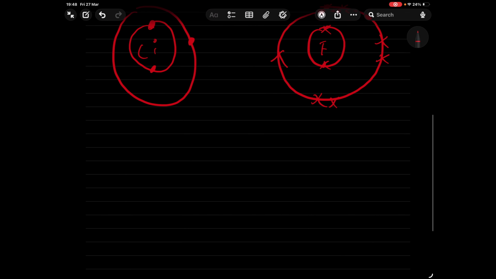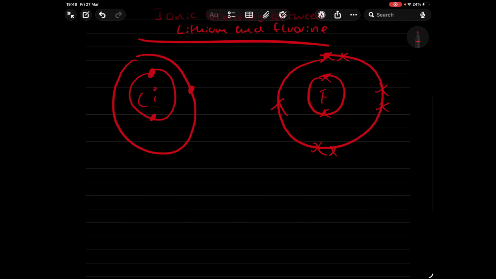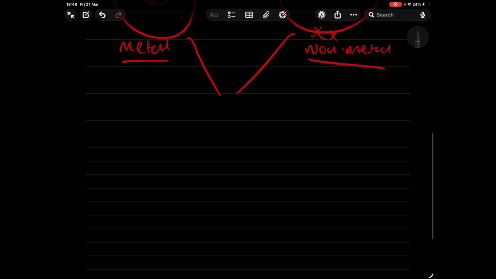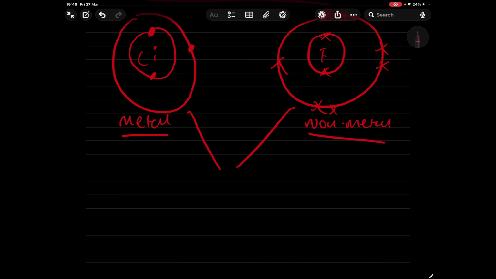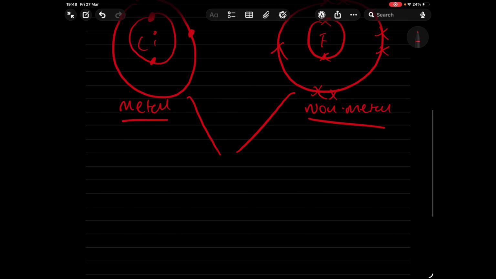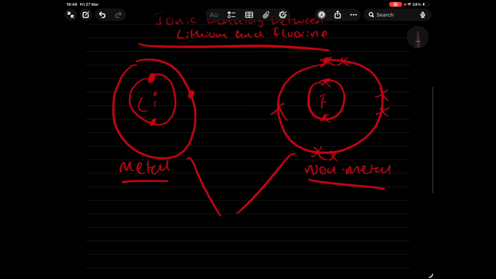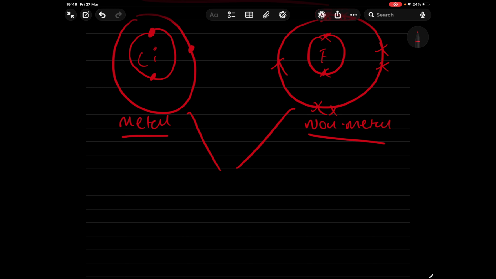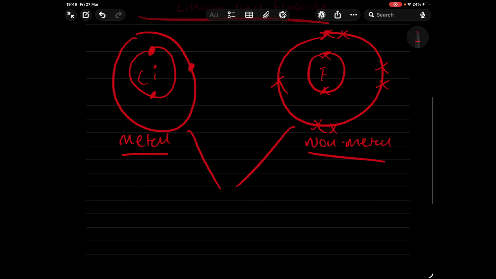And when they react, this is a metal, as we can know, and fluorine is a non-metal. So here's what will happen. The lithium atom loses its electron from its outer shell, and the fluorine gains the outer electron from the lithium.